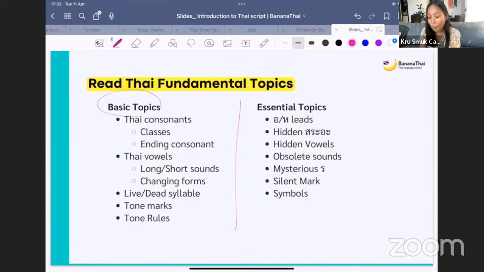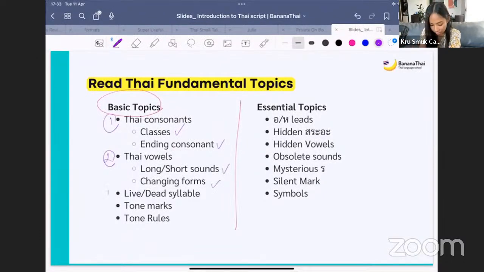First one, basic topics. Basic topics are the topics that make you able to read a basic word. So start from consonants, as I mentioned: consonant classes, ending consonants. Second one, vowels: short vowel, long vowel, changing form of the vowel, the position of the vowel.